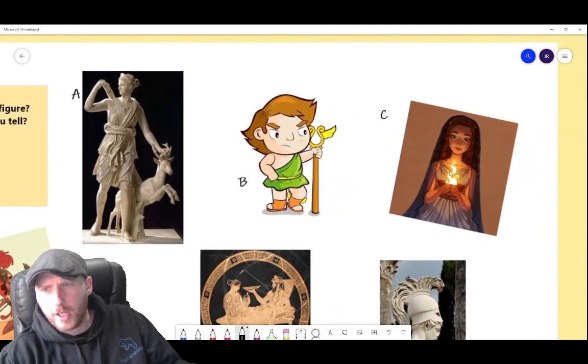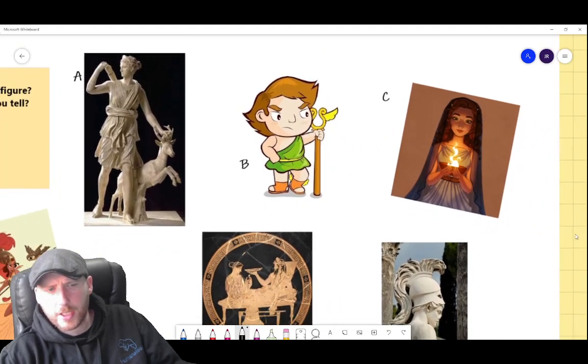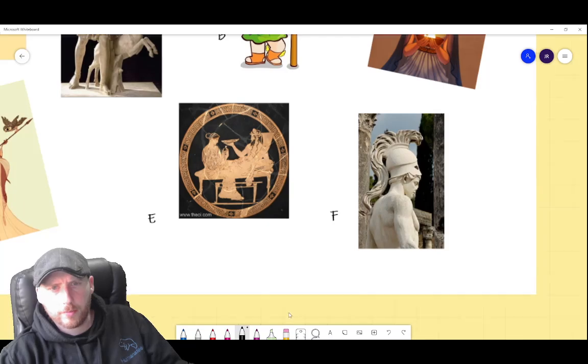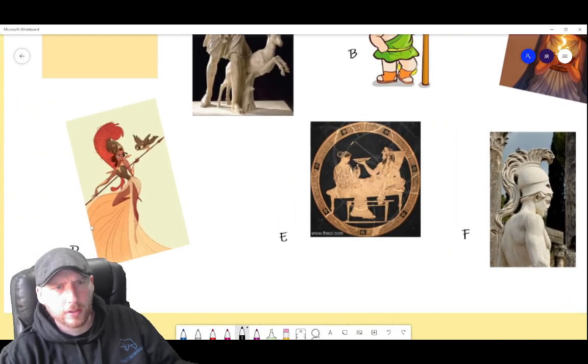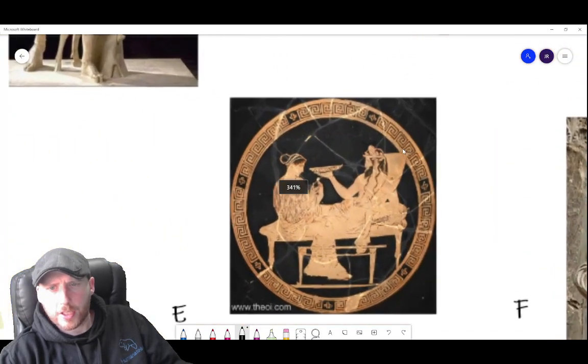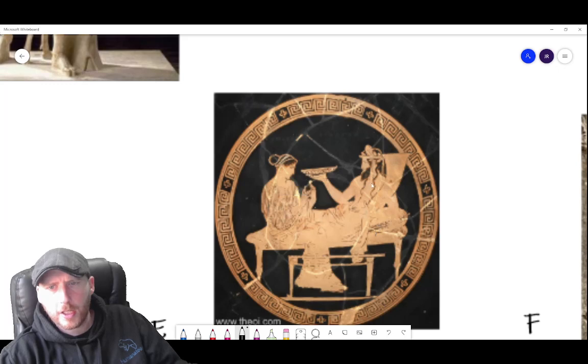Here we have C, our goddess. Down here we have D, another goddess with an owl there. Here we have E. This is the kind of source that we might actually get in our exam. I'll zoom in on that one because the detail is important. We have a god here and a goddess, but I'm mostly interested in the god today.